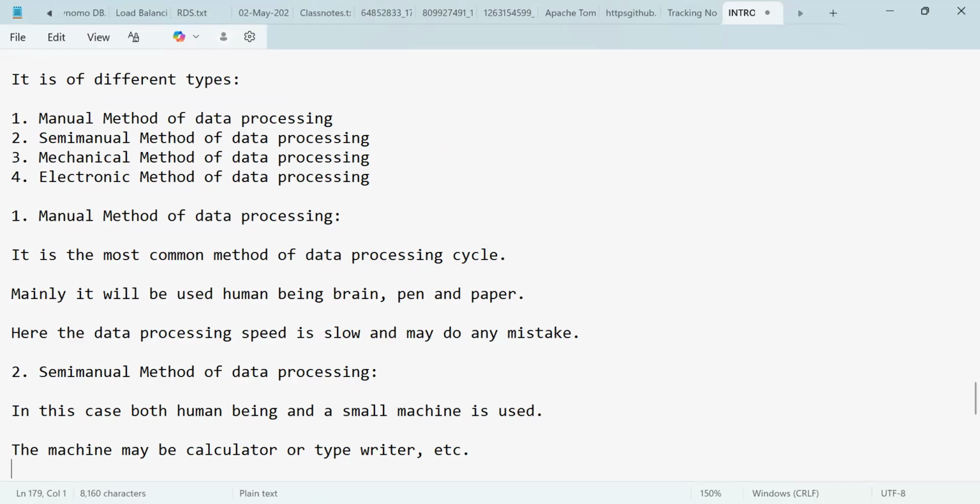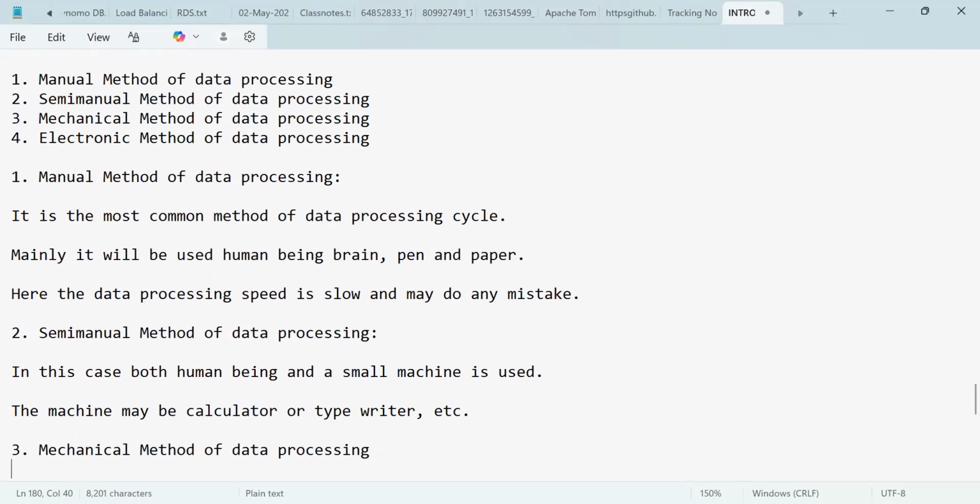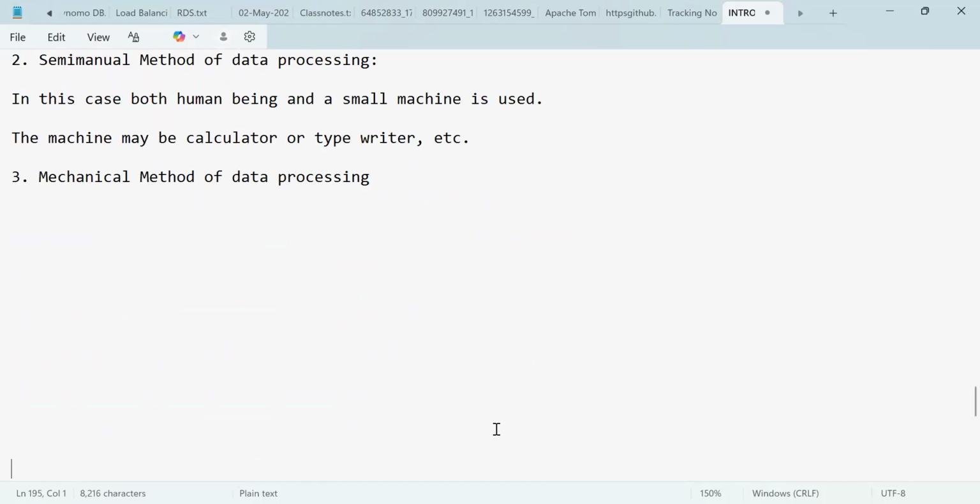Okay, and the third point is the mechanical method of data processing. What is the mechanical method of data processing?